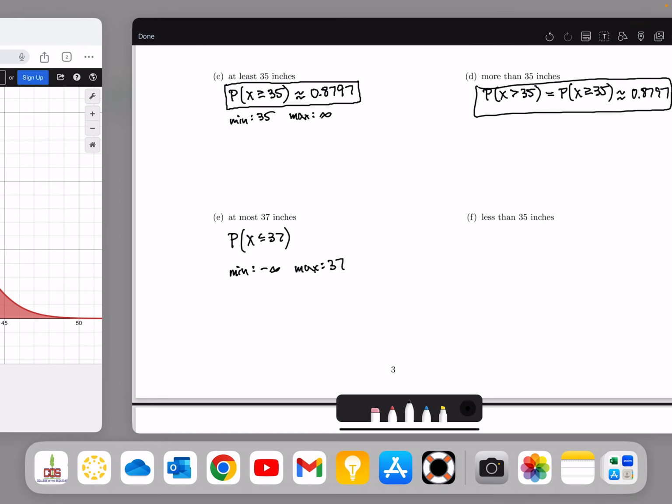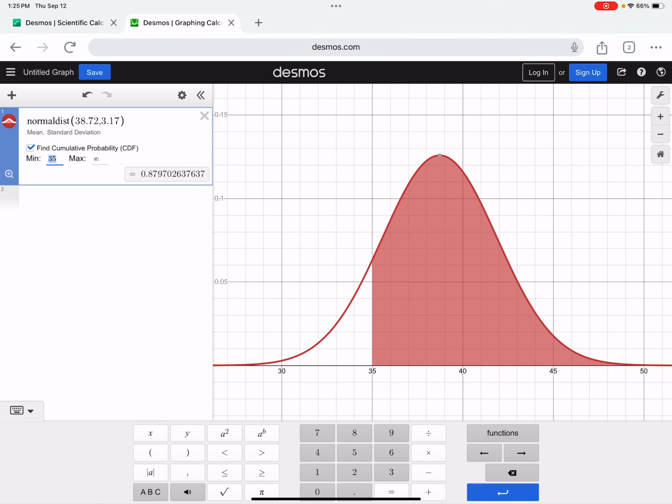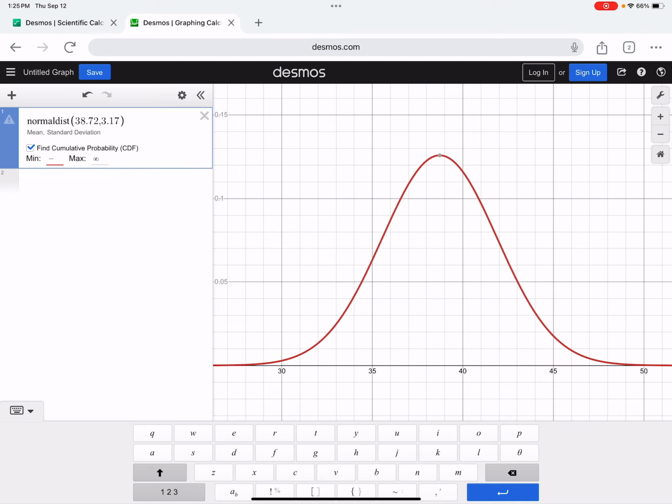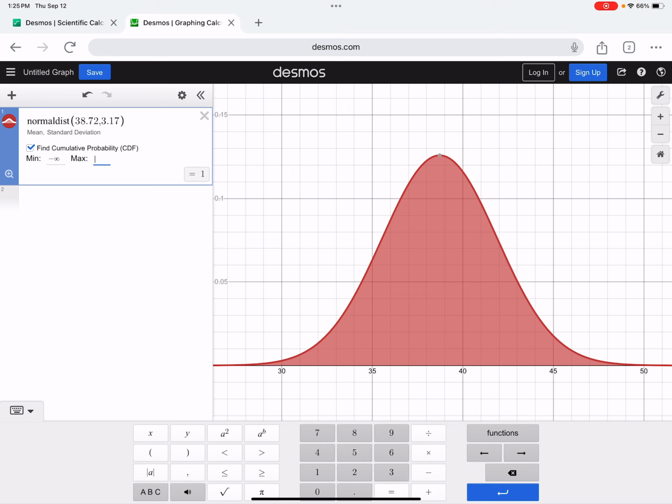Let's see what we get. So negative infinity, and the maximum value, 37. Okay, so it looks like that's 0.2937. Notice that it's highlighting the area to the left of 37, right? Which is exactly what we want. So 0.2937.